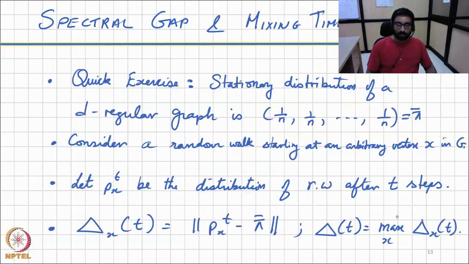Just to make sure we understand, delta(t) denotes how close the distribution p_x(t) is to the stationary distribution after t steps, regardless of where we started. That's why we are taking the max over x.